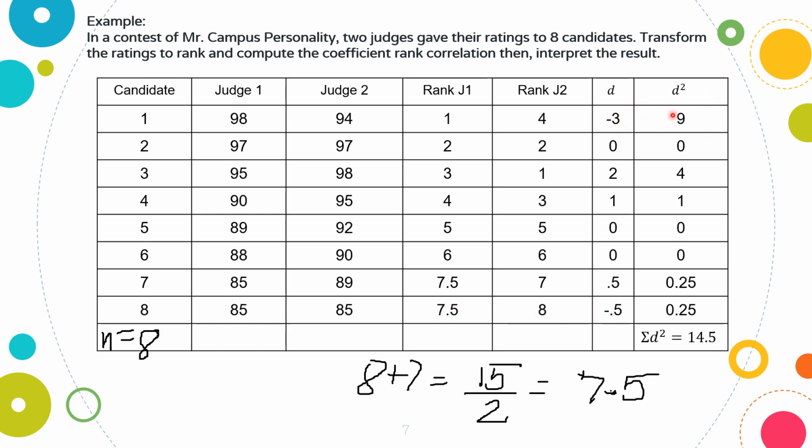Then we get 3 squared, 3 squared is 9, 0 squared is 0, 2 squared is 4, 1 squared is 1, 0 squared is 0, 0 squared is 0, 0.5 squared is 0.25, negative 0.5 squared is 0.25. And if we get the sum of this squared, we get 14.5.